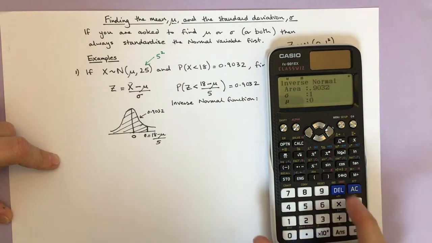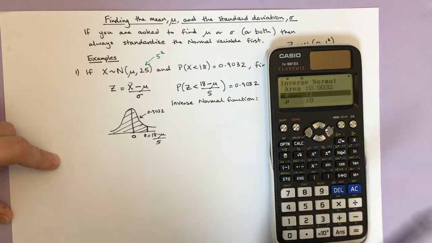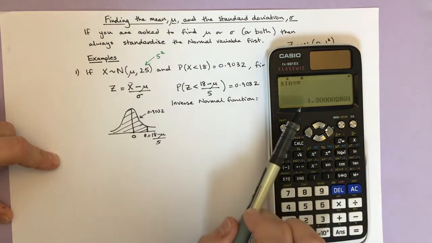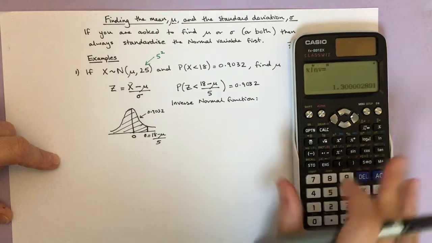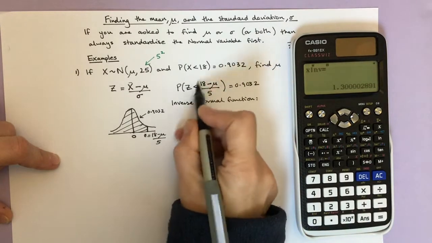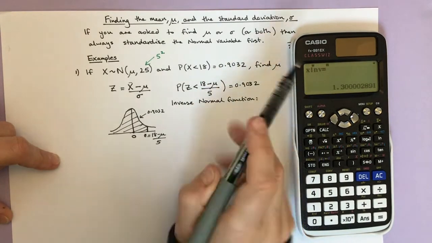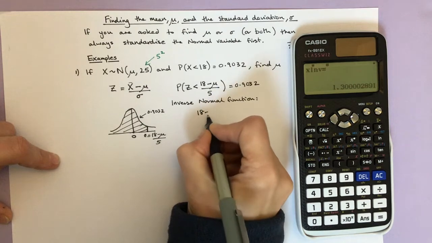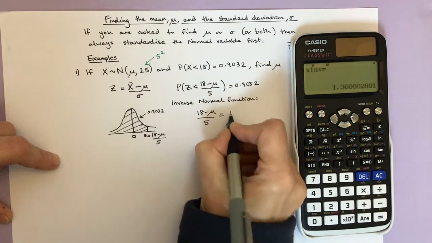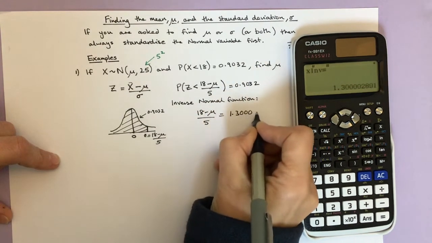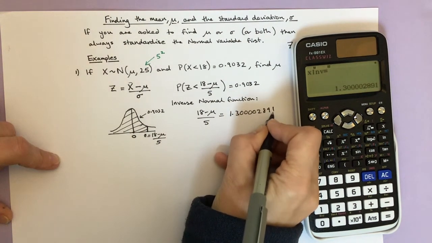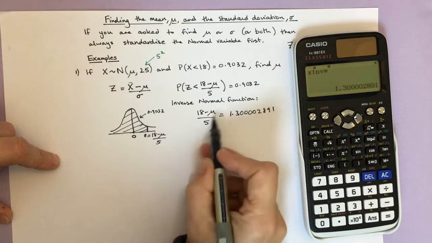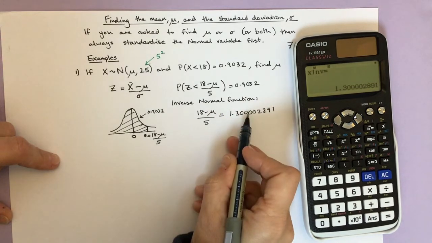Okay, and you can see I've already put in there my standard deviation of 1, and my mean was 0, and then here it's given us this value. So what does that mean? It means this value, the z value, is 1.30000289.